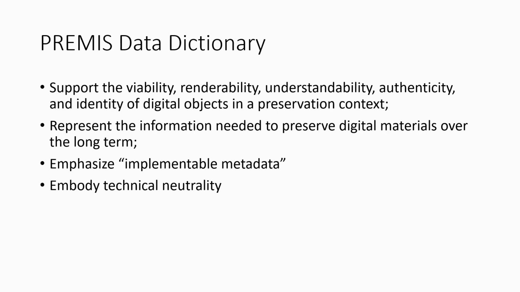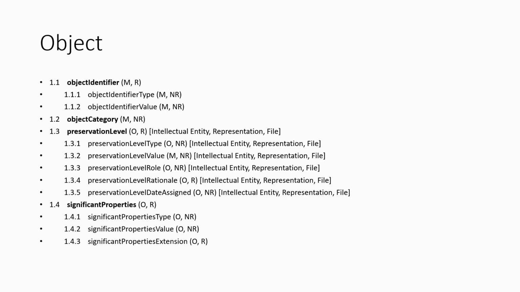Let's take a look at those semantic units. You can see that the units are listed hierarchically. The information in parentheses following each semantic unit indicates whether the element is mandatory with an M or optional with an O, and whether it is repeatable with an R or not repeatable, NR.